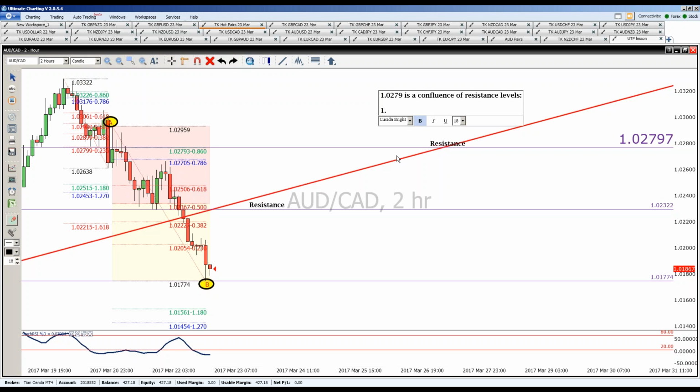Firstly, it is the down Fibs 8.6 retracement.